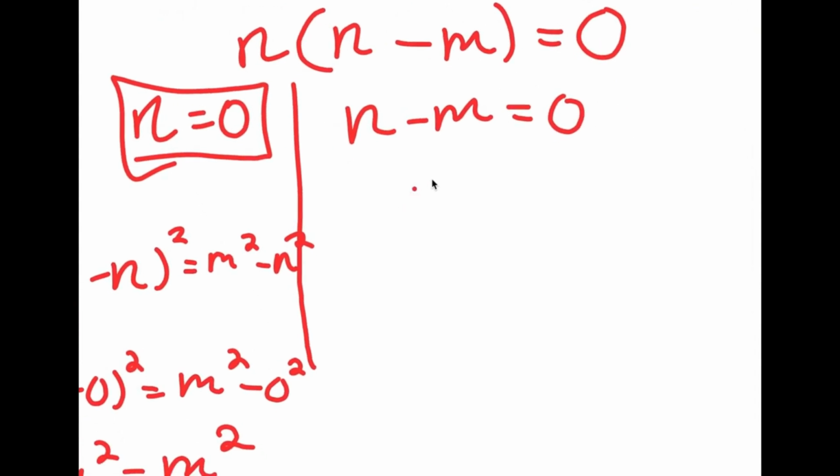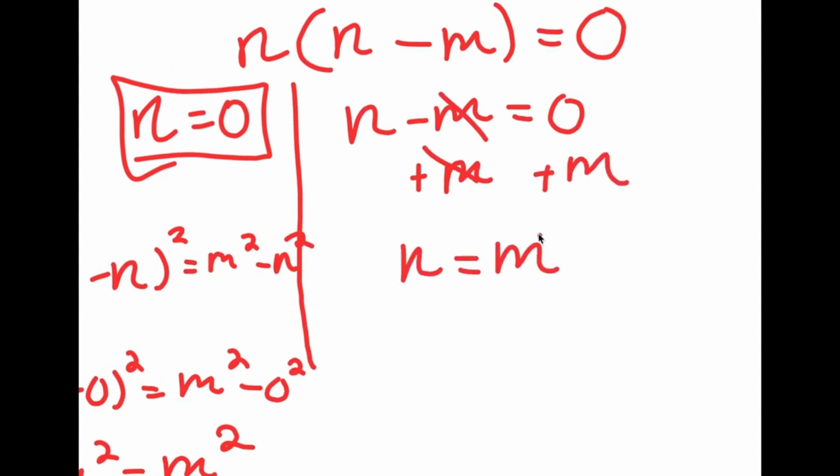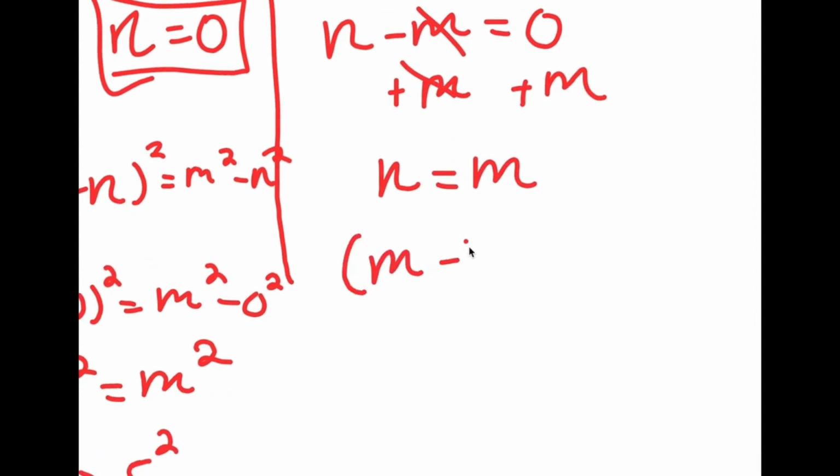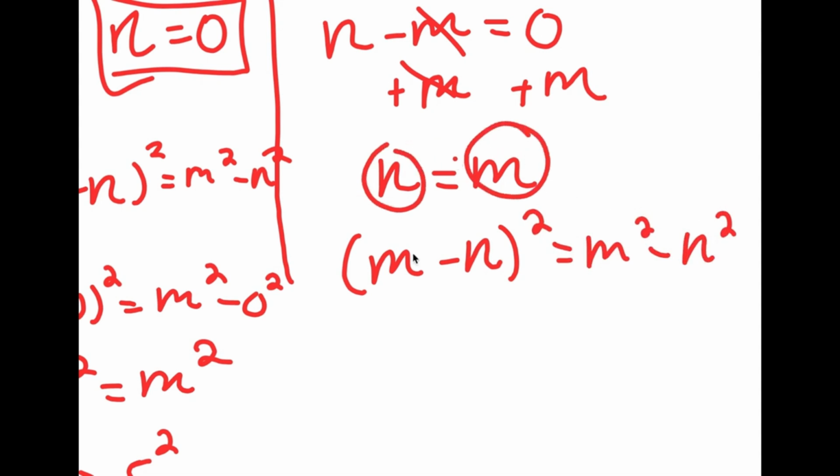Now for here, I have n minus m equals 0. So if I add m on both sides, I get n is equal to m. Now, if I put this back into my regular equation, I have (m minus n) squared is equal to m squared minus n squared, and I'm going to rewrite n as m because they're both equal to each other.